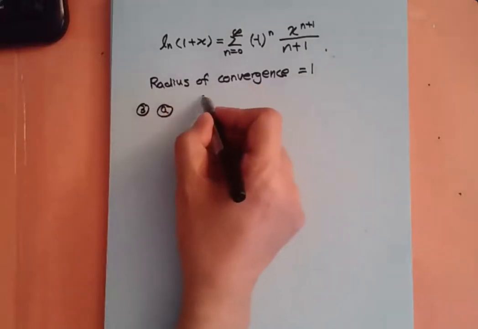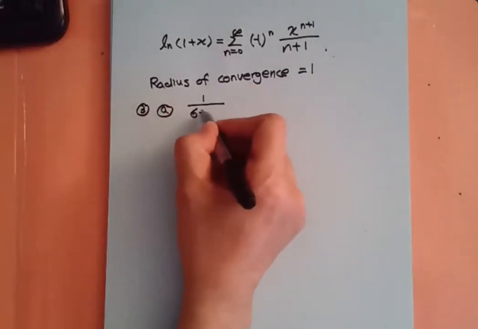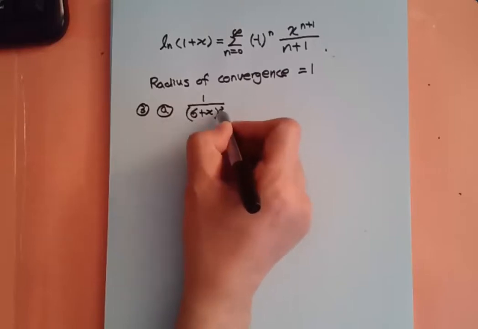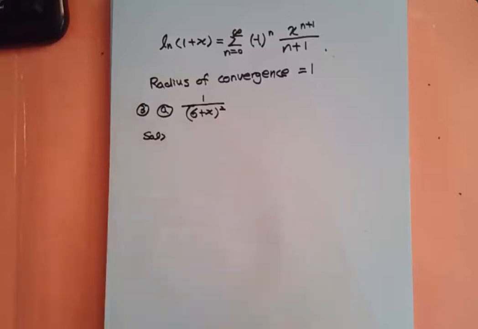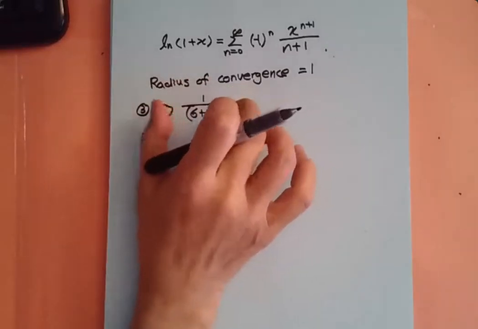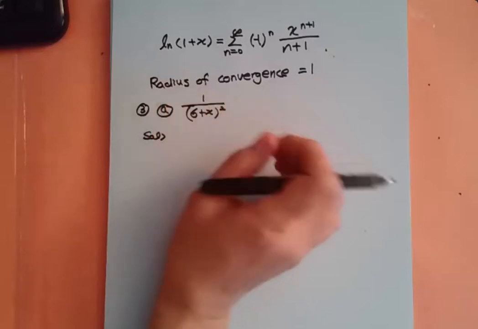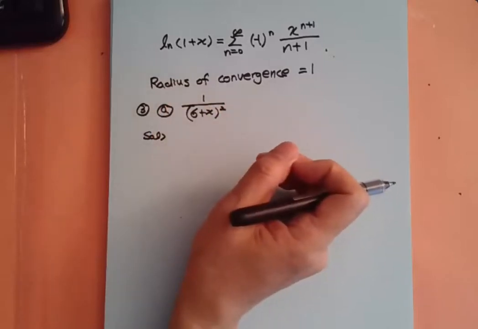The next problem is 1 over 6 plus x squared. So we want to consider this one as a derivative of 1 over 6 plus x.